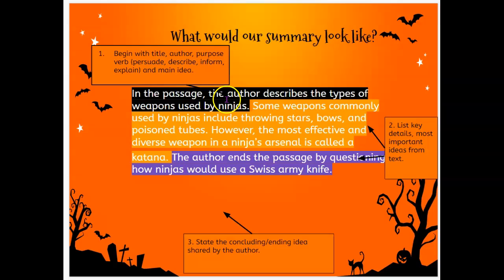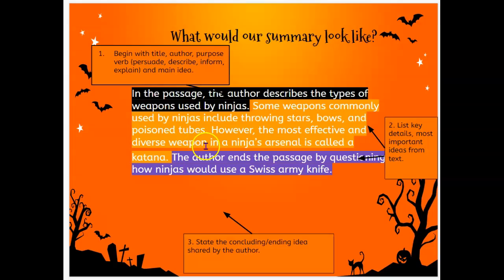If you only could write one sentence about it, that would be the best sentence. But if you are asked to write a summary paragraph, then first you begin with your title, author, purpose, and main idea. Then you list your key details, and then you state the concluding ending idea. So in the end, the author ends the passage by questioning how ninjas would use a Swiss Army knife.